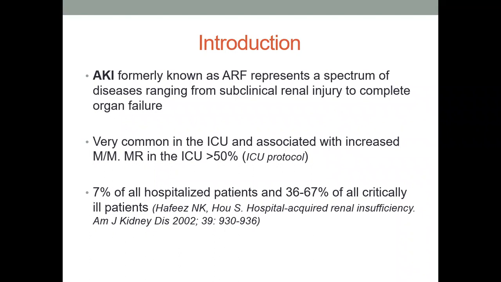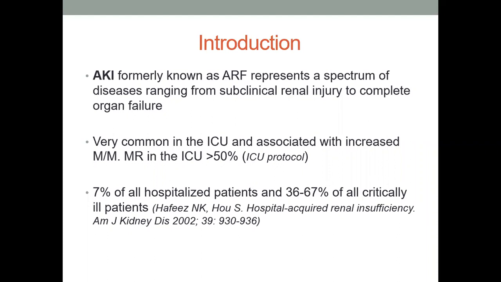Studies have shown that acute kidney injury is very common in the ICU and leads to increased morbidity and mortality. In fact, presence of acute kidney injury in your critically ill patient increases mortality to more than 50%.